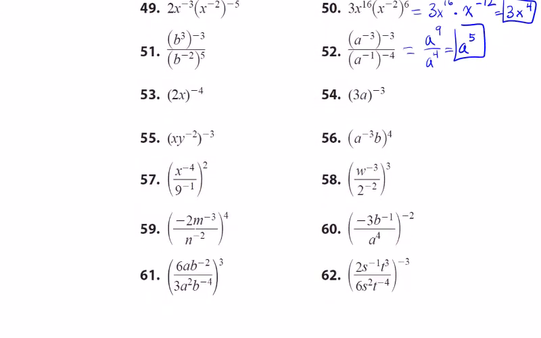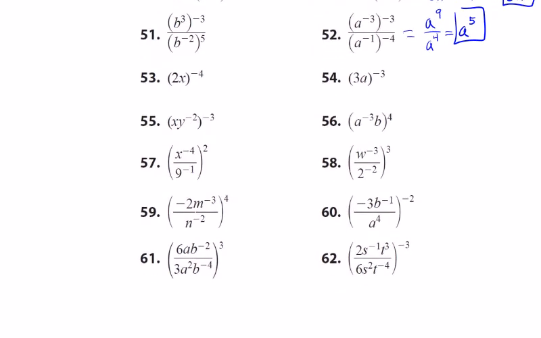All right, let's try number 62, and then I think y'all have the rest. So number 62, remember that we could use the power of a quotient and just distribute the outside exponent to all the inside exponents right away. But I would recommend simplifying inside first, because if you do so, you'll end up with fewer bases and fewer things to multiply by.